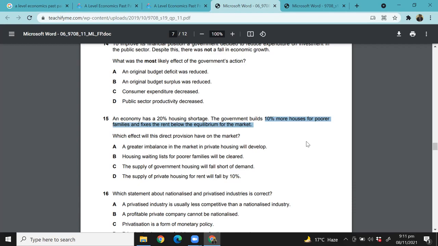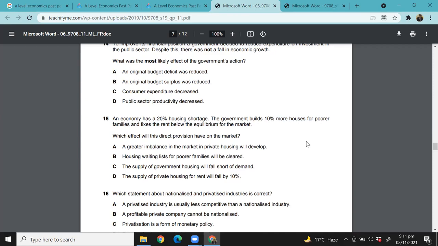A greater imbalance in the market and private housing will develop. Housing waiting list for poor families will be cleared. The supply of government housing will fall short of demand. The supply of private housing for rent will fall by 10%.